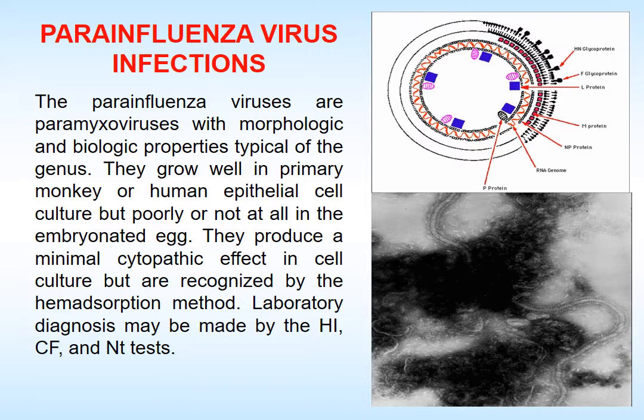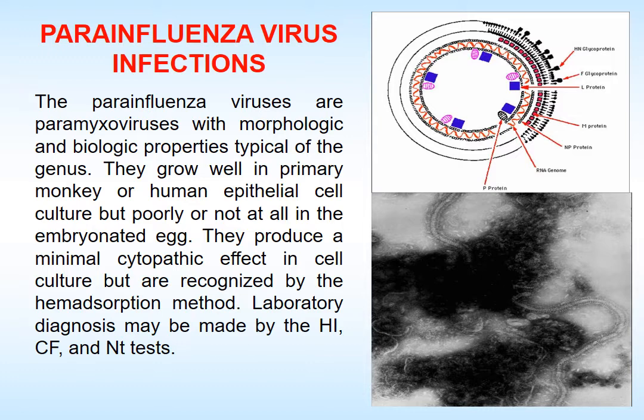Parainfluenza virus infection. The parainfluenza viruses are paramyxoviridae with morphologic and biological properties typical of the whole genus. They grow well in primary monkey or human epithelial cell culture, but poorly or not at all in embryonated egg.